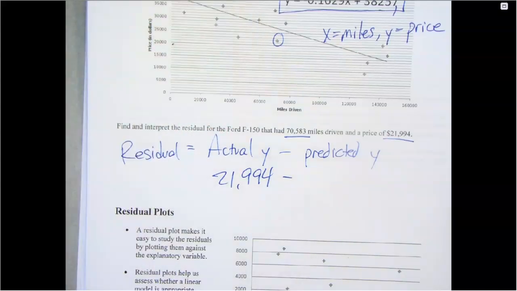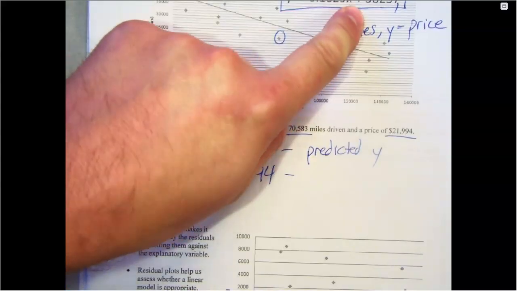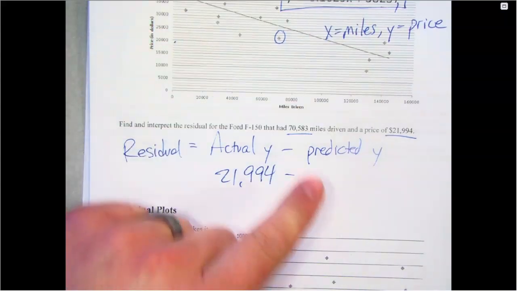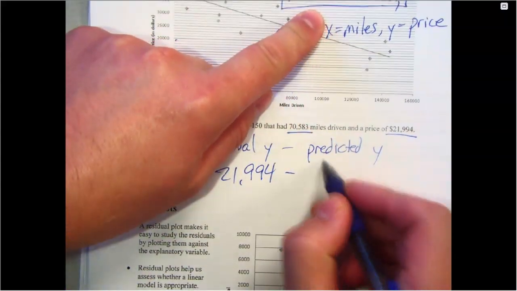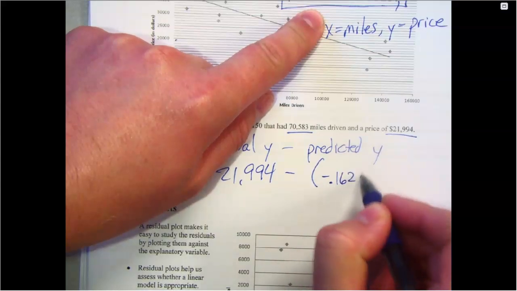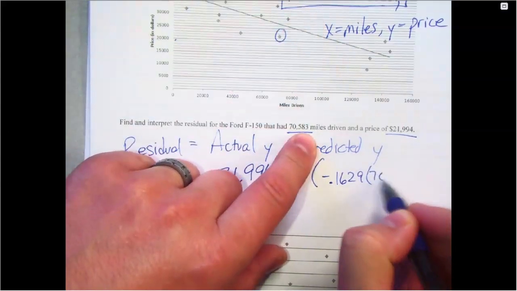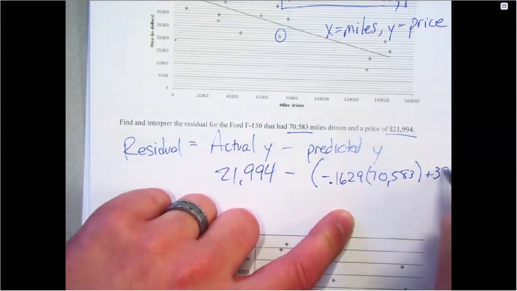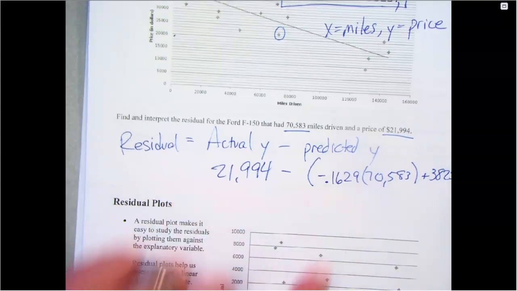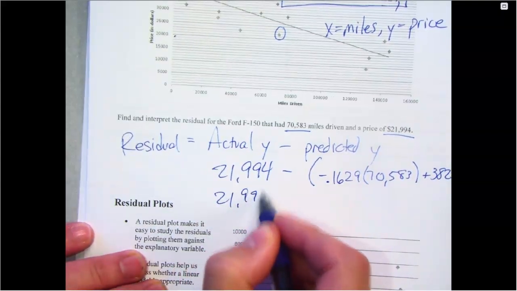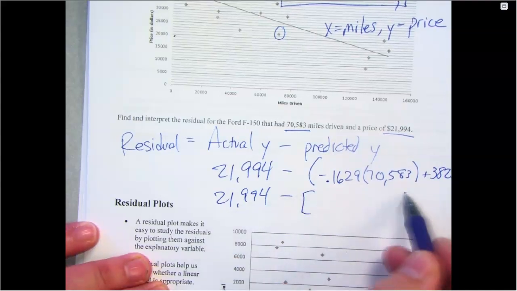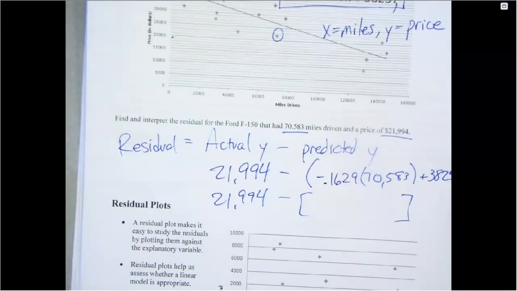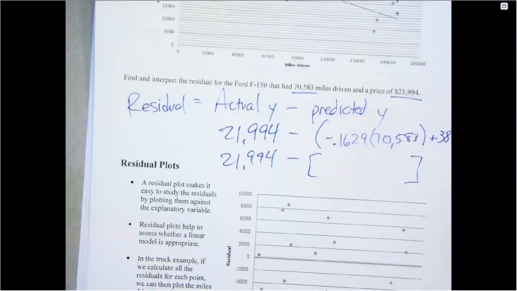The predicted y, how do we get the predicted price? We plug x into that equation, and what's x represent in this case? Miles, so the predicted is going to be negative 0.1629 times the number of miles, and then plus 38257. So we're going to type all that in, figure out predicted y, and then just subtract.